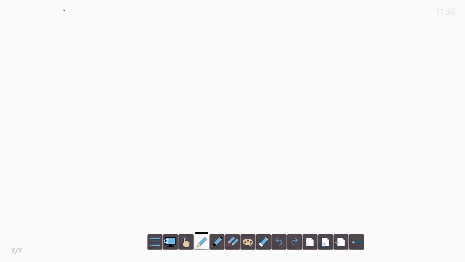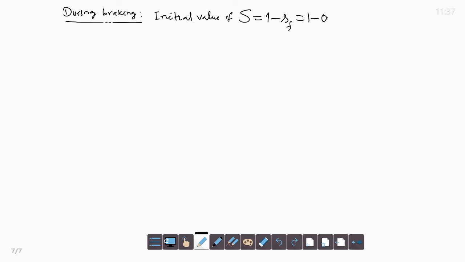So, now we will analyze during braking. What is the initial slip? Initial value of capital S is 1 minus Sf, Sf is 0.04 just before braking. So, initial value of capital S is 0.96, and equivalent circuit.